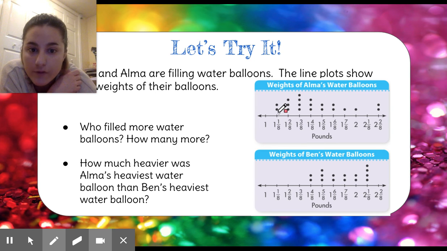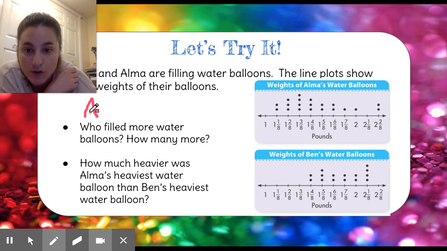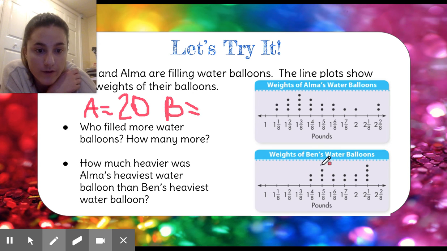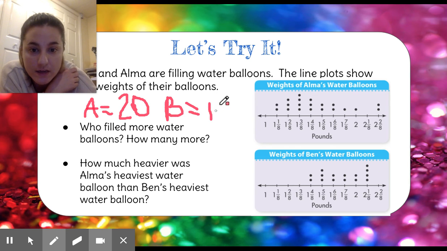Alma filled 1, 2, 3, 4, 5, 6, 7, 8, 9, 10, 11, 12, 13, 14, 15, 16, 17, 18, 19, 20 water balloons. So I'm going to put A equals 20 and B equals, let's count, 1, 2, 3, 4, 5, 6, 7, 8, 9, 10, 11, 12, 13, 14, 15. So Alma filled more water balloons.